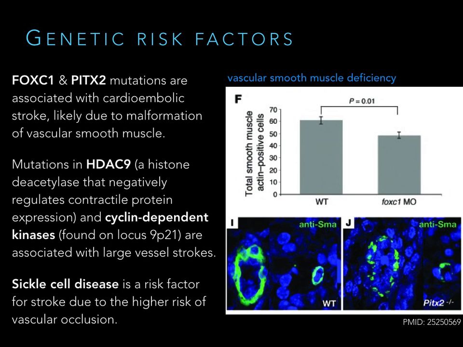So sickle cell disease increases the risk of stroke because of the increased aggregation of sickle cell erythrocytes compared to normal erythrocytes. Because they're aggregation prone, there's a higher risk of occluding vasculature and thus causing stroke.